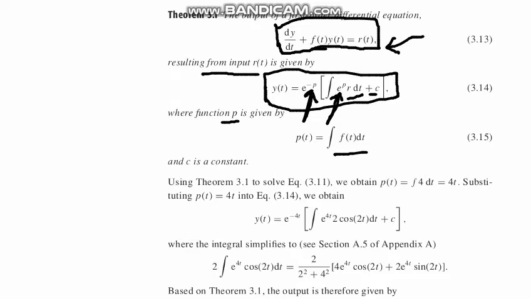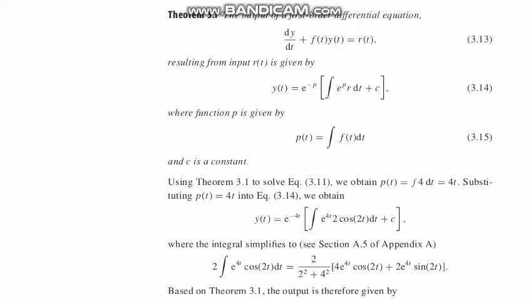So dy/dt plus f(t)y(t) equals r(t), this kind of formation of equation should be there, and after the general calculation of this differential equation you find this kind of thing. That is the format. Okay, if you keep this in mind, you could really calculate it clearly.